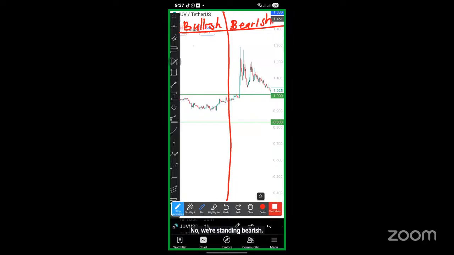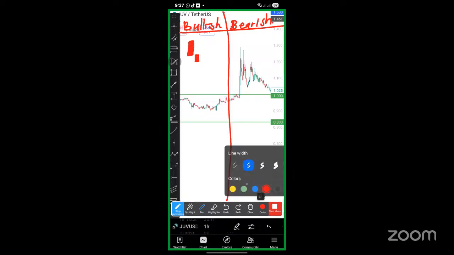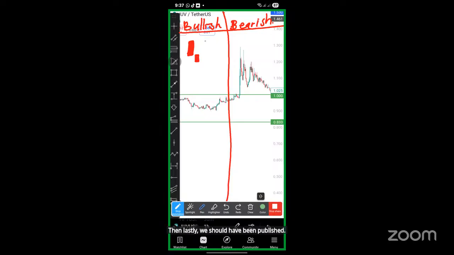First of all, we shall have a big bearish candle like this on the morning star. Then lastly, a bullish candle which will be formed like this. So the morning star chart pattern is a triple chart pattern.